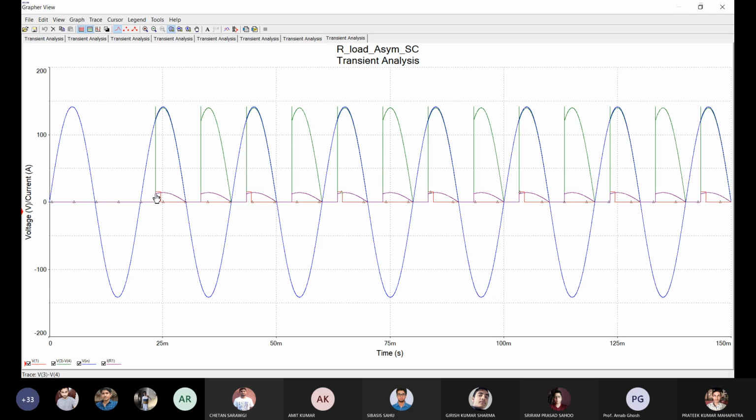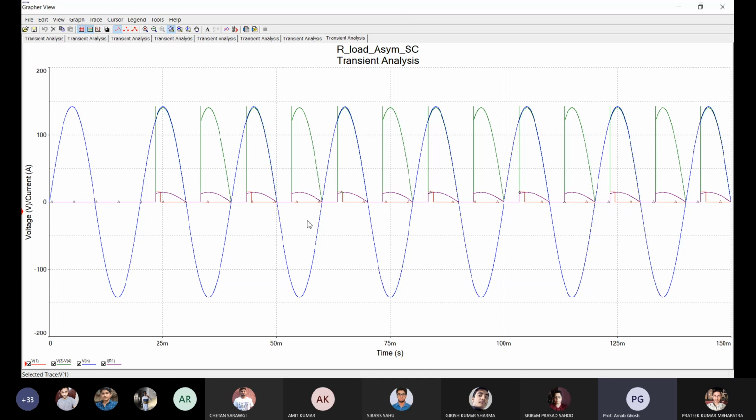Sir, the current will reach 0 when the input voltage is reaching 0. Yes, good. Anything else? And the current follows the output voltage. Exactly, that's the point. So your current waveform exactly follows your output voltage waveform.